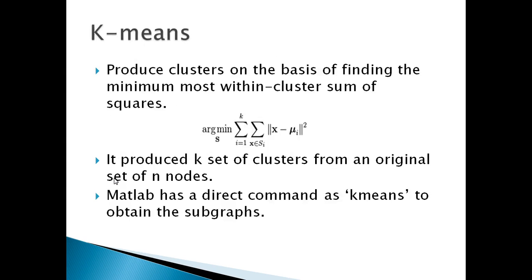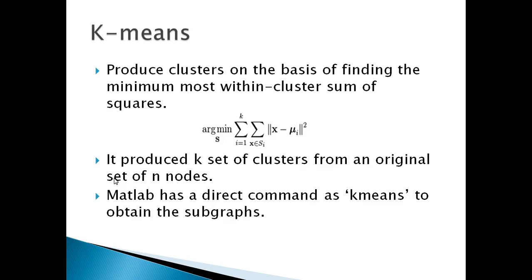It can go from any other direction as well. So one way to do clustering is called k-means, which is basically a distance dependent clustering. How it works is that you choose the mean for each and every point within a cluster, and then you take the within-cluster sum of squares, which is x minus mu i.